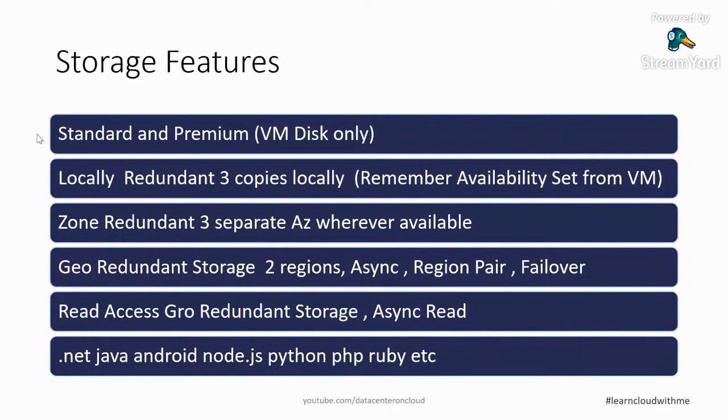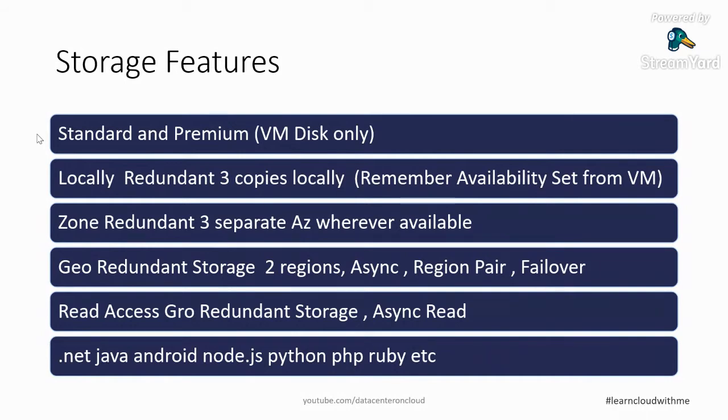We are also not charged separately for these 3 copies. It is covered under the cost per GB that Microsoft puts in its public list pricing. So we can refer to the per GB cost for locally redundant copy. We do not need to multiply by 3 to get the cost.